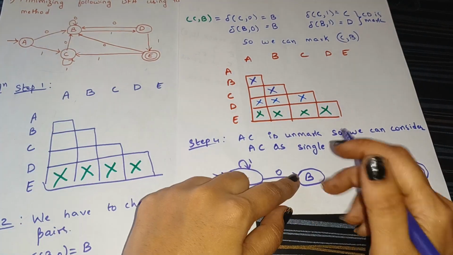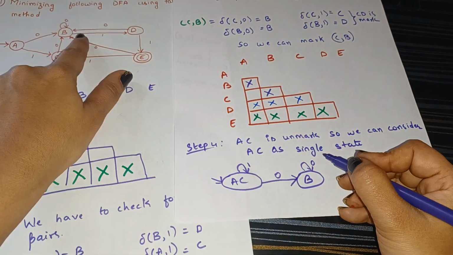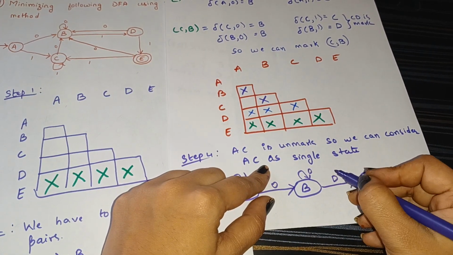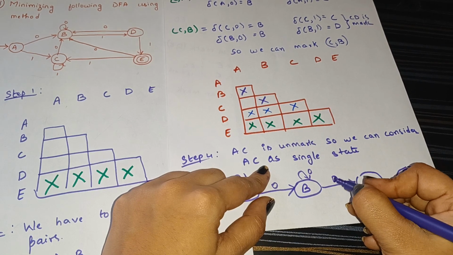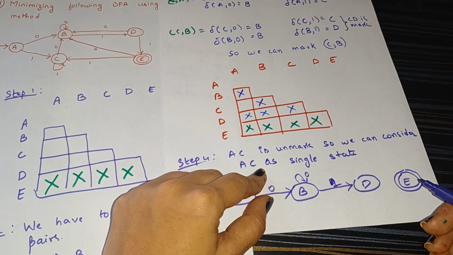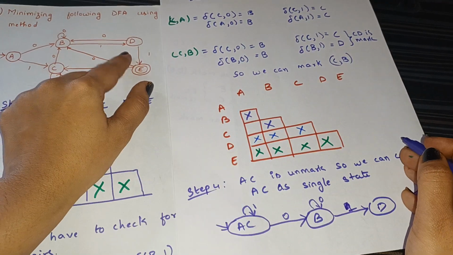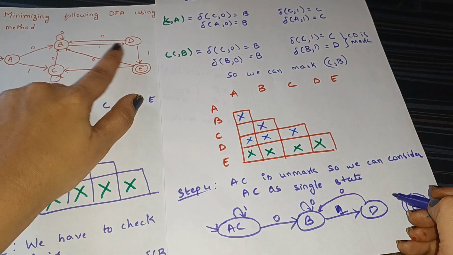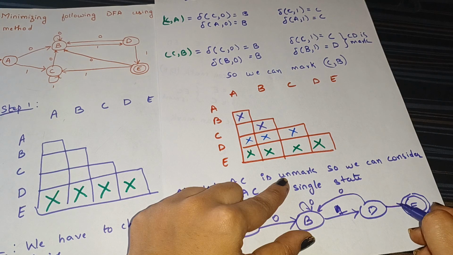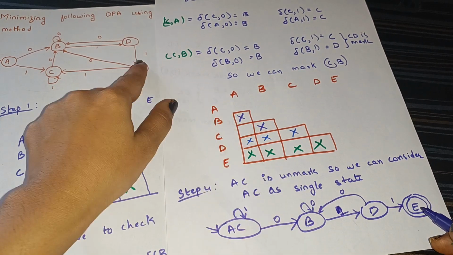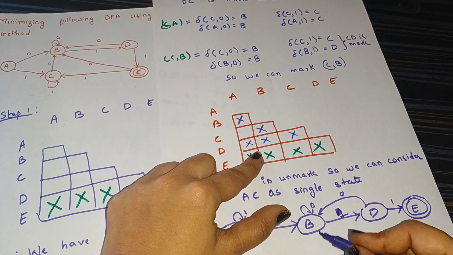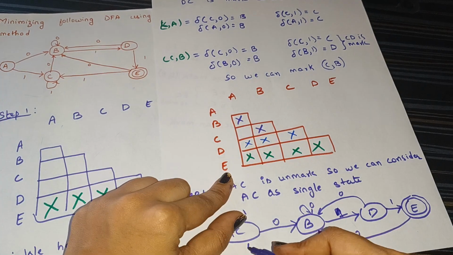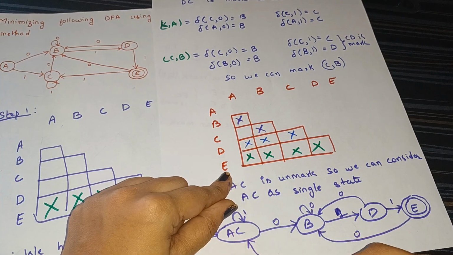And B on 0 it is going to itself. B on 1 it is going to D. Sorry, D on 1 it is going to D, and D on 0 it is going to B. E on 0 it is going to B. E on 1 it is going to C, that means it will go to AC because AC is a single state.